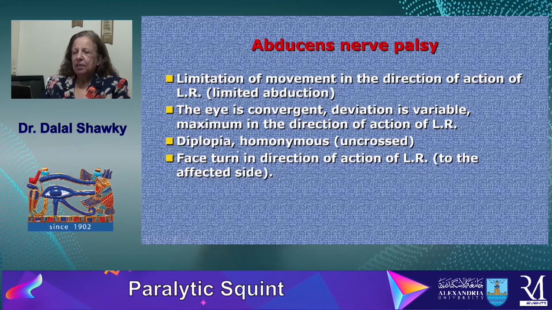Diplopia is homonymous or uncrossed, and also there is face turn in the direction of action of the lateral rectus, that is toward the affected side. I want to tell you here a rule: the head goes where the eye should go. Paralysis of the right lateral rectus, the right lateral rectus is making the eye turn to the right, so the face will be turned to the right. Face turn in the direction of action of the affected muscle.